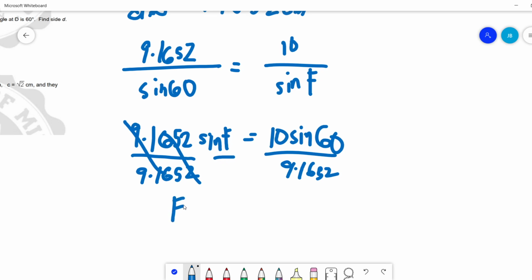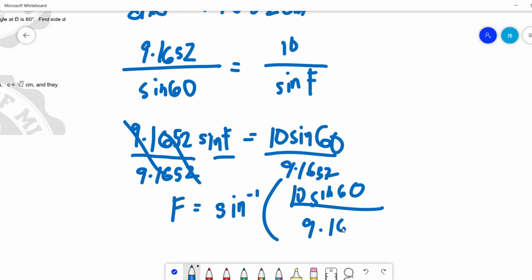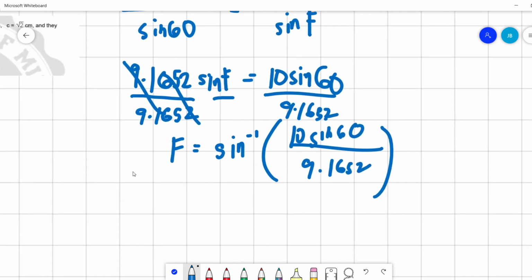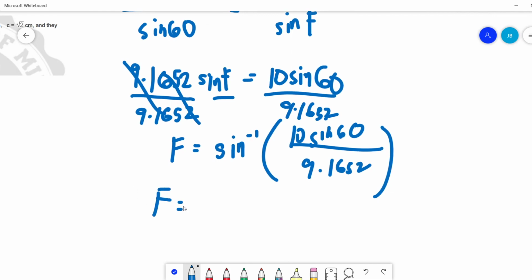So therefore, F is equal to arc sine of 10 sine 60 all over 9.1652.